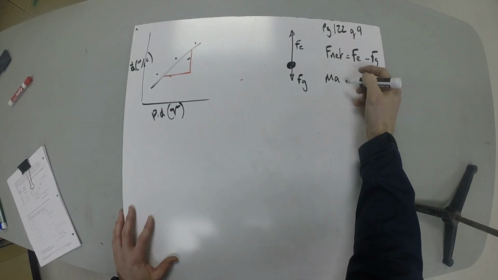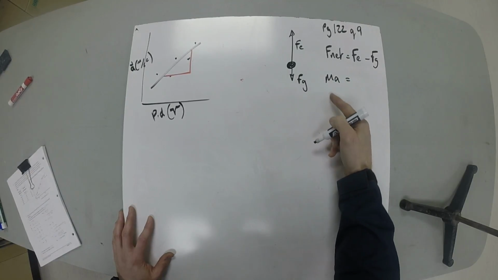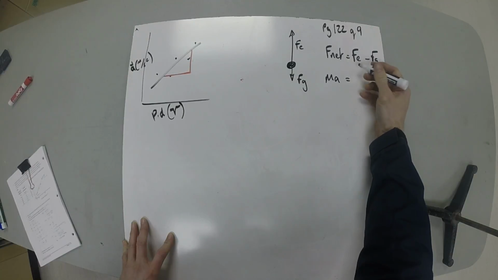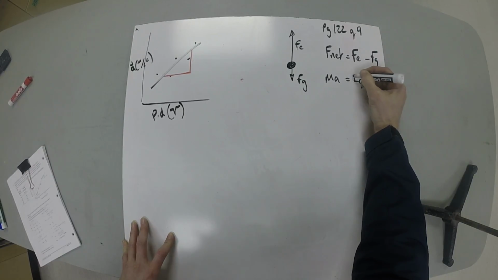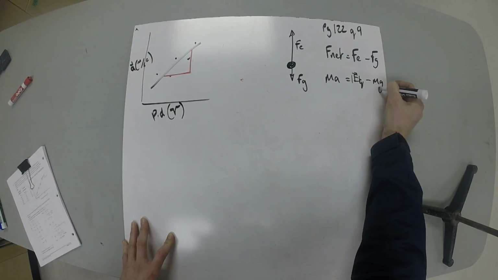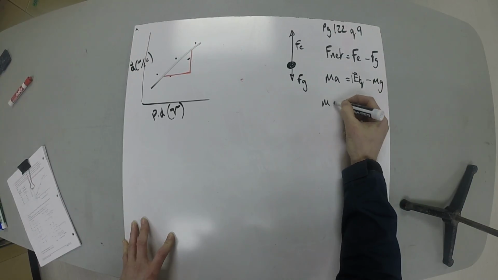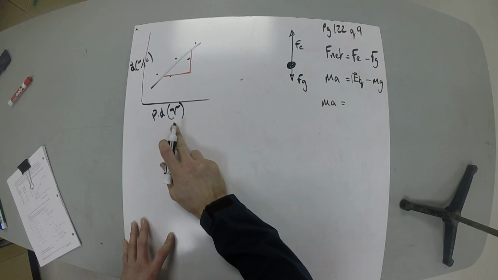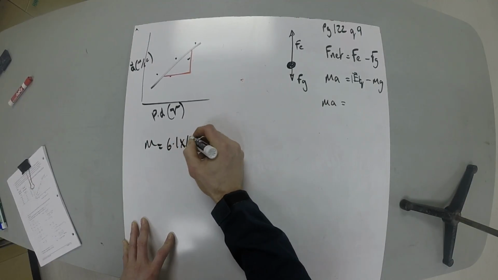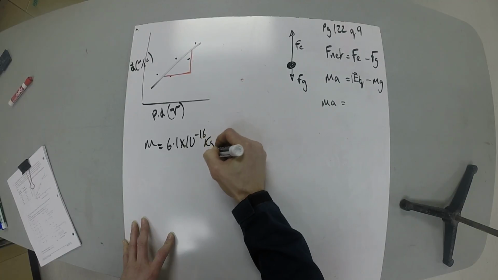And this is going to become ma, because F net always becomes ma as a result of Newton's second law. Fe is going to become Eq, from our formula, and Fg is going to become mg. Furthermore, since we're dealing with voltage, and I think we're given a mass, where we're told that the mass of the oil drop is 6.1 times 10 to the negative 16 kilograms.